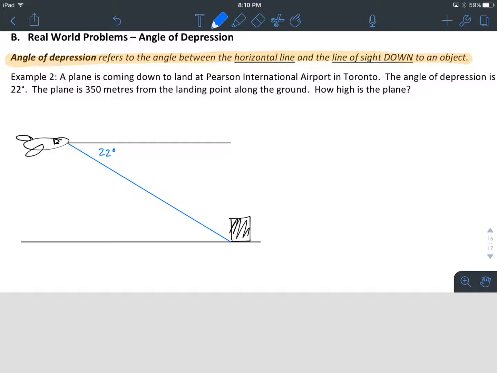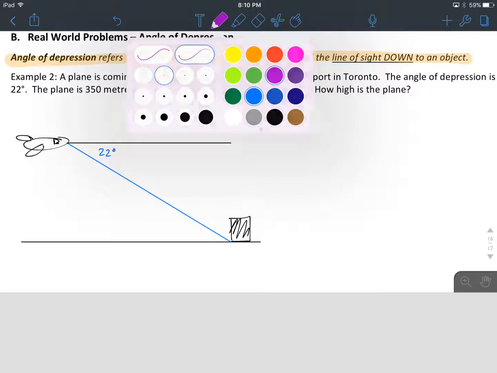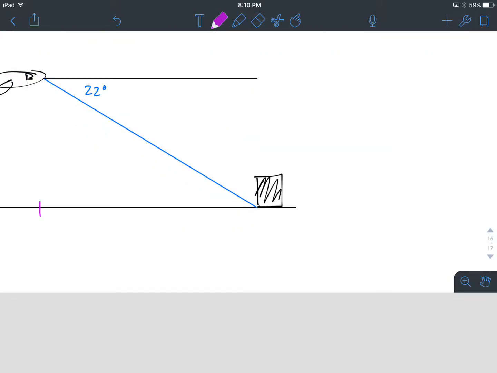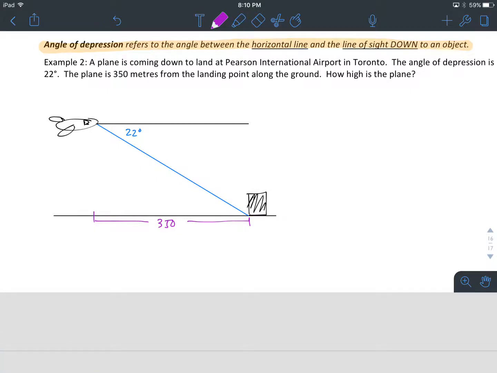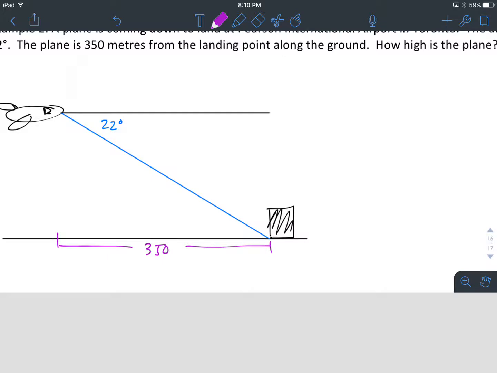We know that the plane is 350 meters from the landing point along the ground. So that's important. So what they're actually saying is that this distance right here to the airport is 350 meters. So that's what we're looking for right there. Fortunately for us, this triangle that we're constructing is kind of up over here.